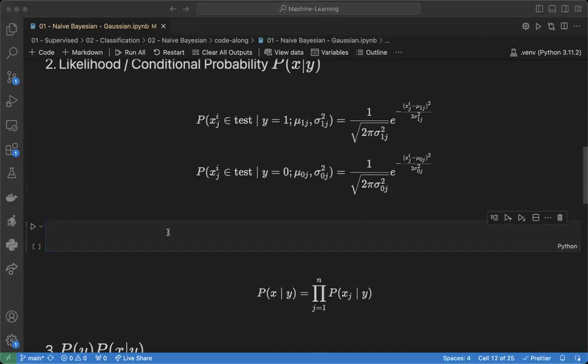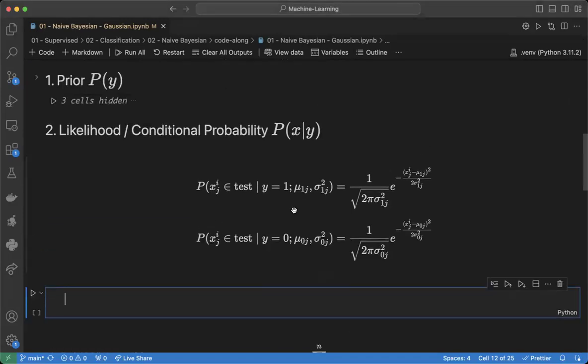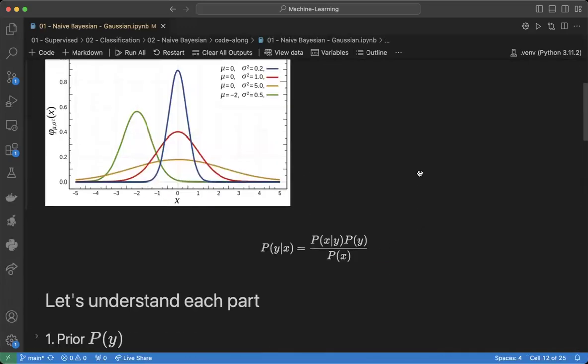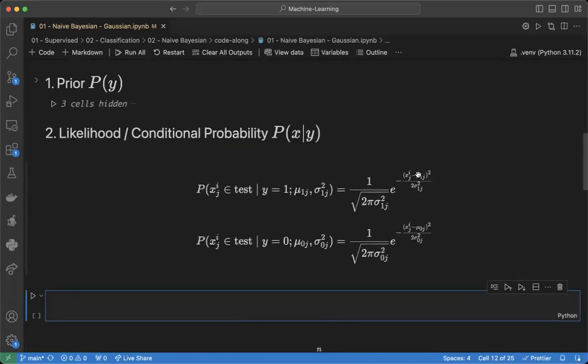So first of all, let us calculate. This formula looks very difficult, but you can see that we have to calculate the mean and standard deviation belonging to that feature, right?